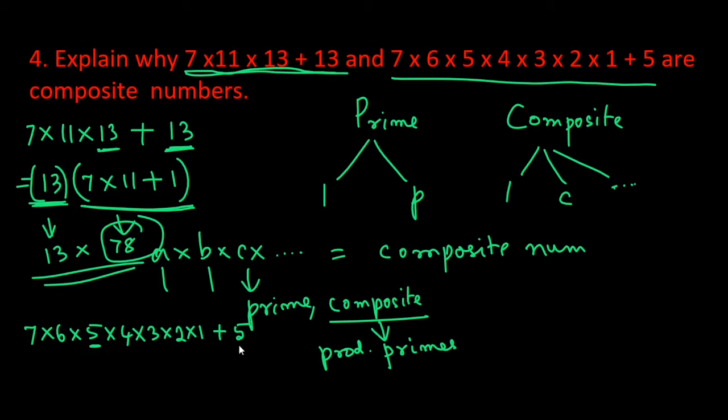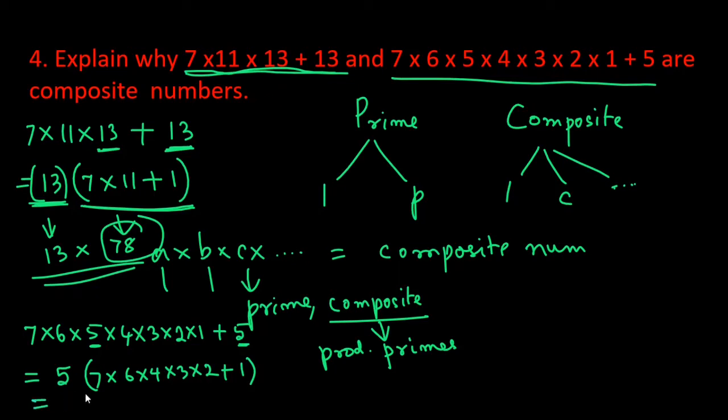In the second product also we have a factor 5. So this can be written, by taking 5 as a common factor, as 5 into 7 into 6 into 4 into 3 into 2. One may be written or not, there is no problem at all. Plus 1 here, 1 for this 5.